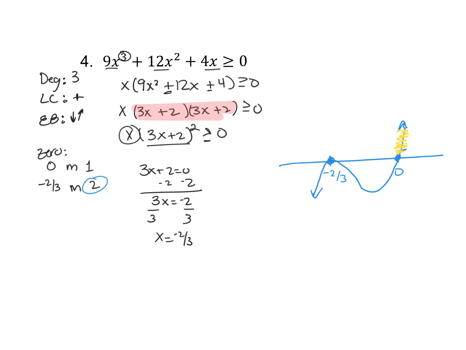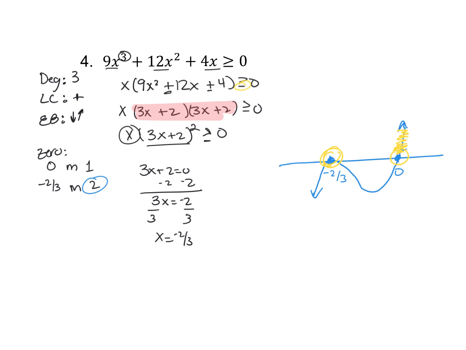But because I'm allowed to be equal to it because of this symbol here, this is a value and this is a value. You have to do all those. Okay? So if we look at the value, let's look at this one with the 0.